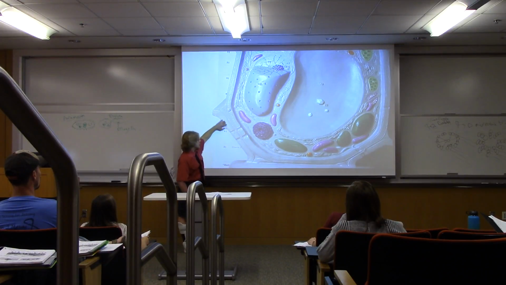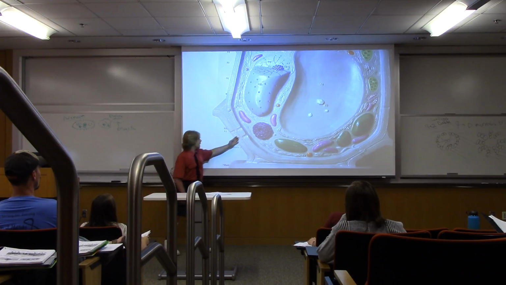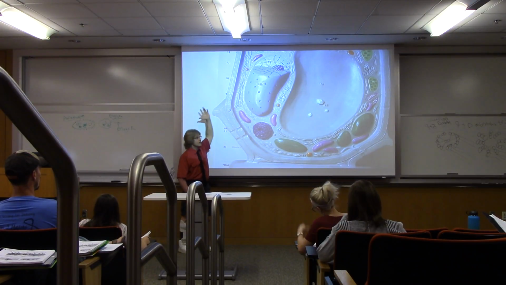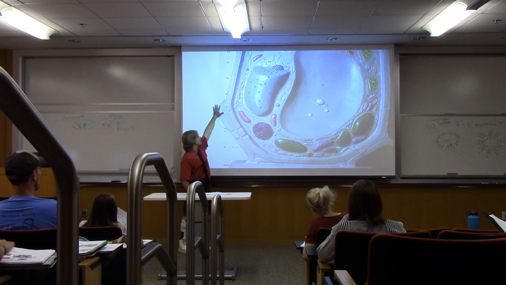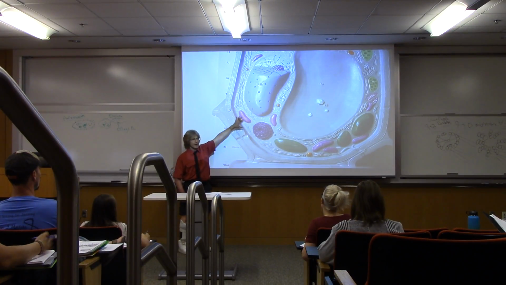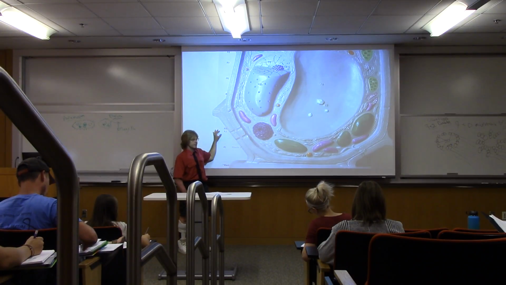This would be the wall of another cell that you don't see here. So the middle lamella is the structure holding, I refer to it as the cement holding one or more of these plant cells together.